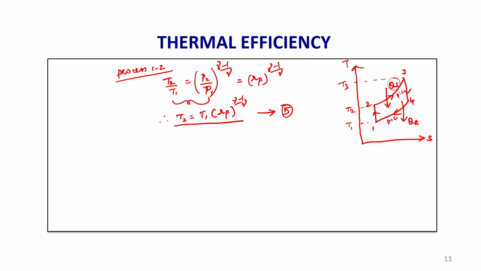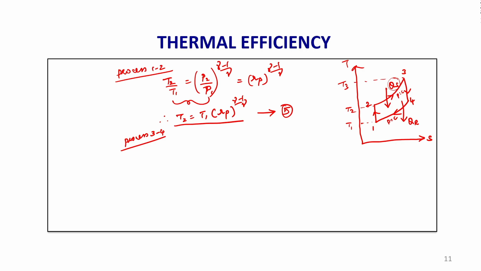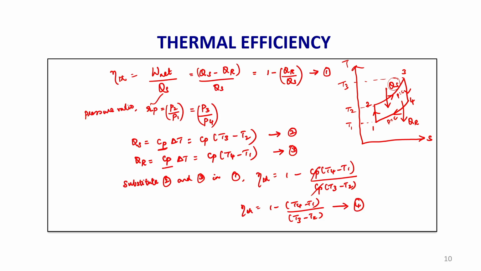So for that I am considering the process 3 to 4. Again 3 to 4 is reversible adiabatic expansion of the working fluid, that is isentropic process. So let me write T3 by T4 is equal to, if it is T3 the pressure will be P3, if it is T4 the pressure will be P4, whole power gamma minus 1 by gamma. Now what is P3? P3 is P2.